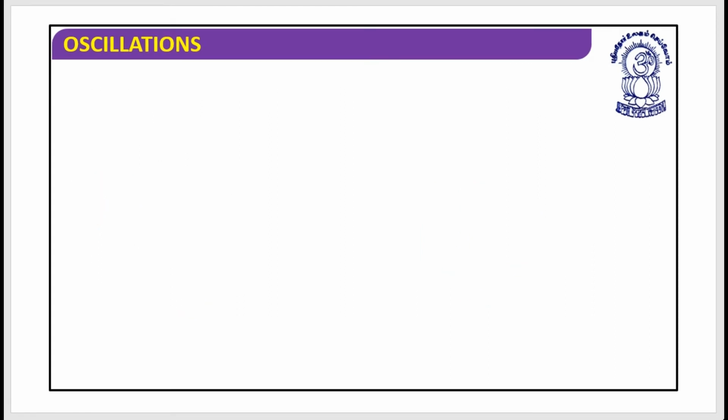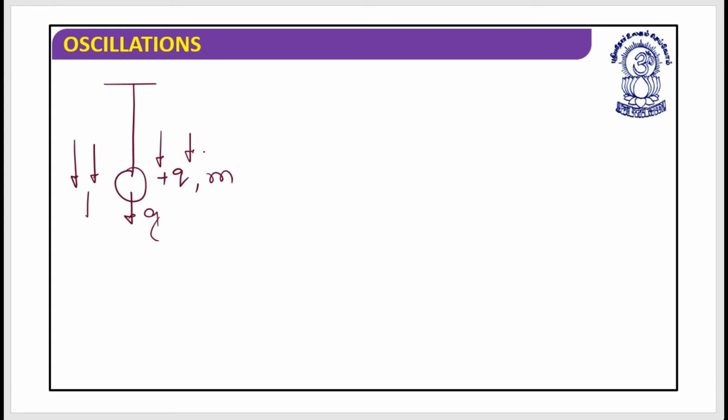Let's look at the situation where we have a simple pendulum, and this simple pendulum is given a charge plus q, its mass is m, and the electric field is in this direction. Suppose I have been asked to find the time period. How will we do this? What we understand is that g is acting in the downward direction. A force due to the electric field, which we call Fe, is also acting in this direction.